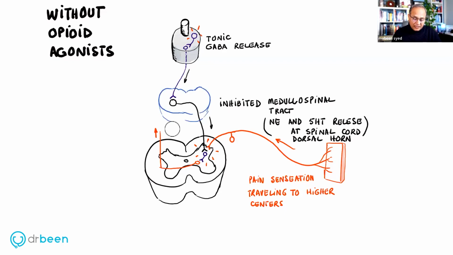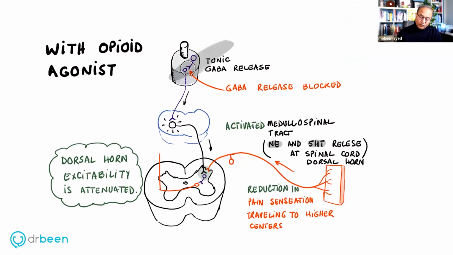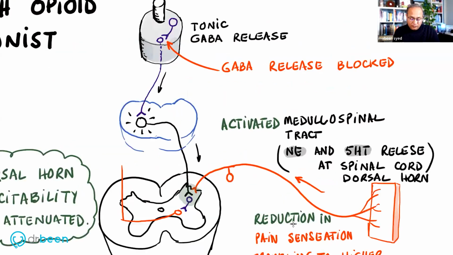Now, let's say there is opioid in the system. Now what is going to happen? When we have opioid in the system, as I said before, this is where the GABA release will reduce or stop. When that happens, these lower neurons will become disinhibited. When they are disinhibited, this medullospinal tract would start becoming active. And what will this do?